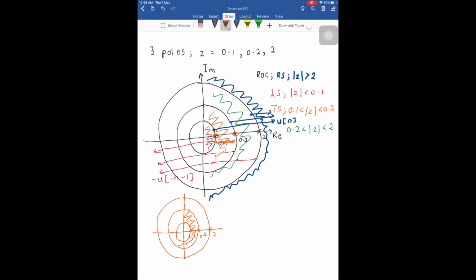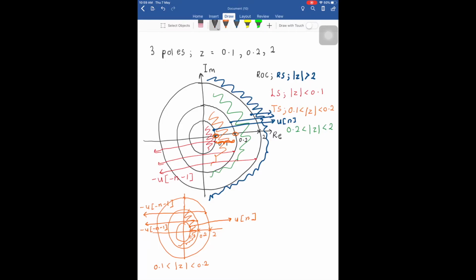So listen carefully. The innermost pole will approach to right with the function u of n. The outermost pole will approach to left. What happened to 2? 2 is outside the outermost pole, so it will approach to left also. This is for 0.1 to 0.2.